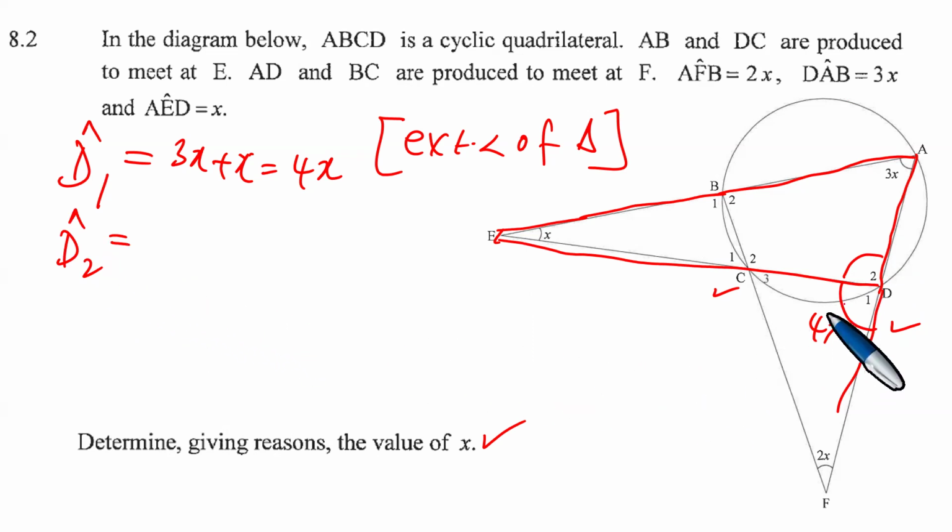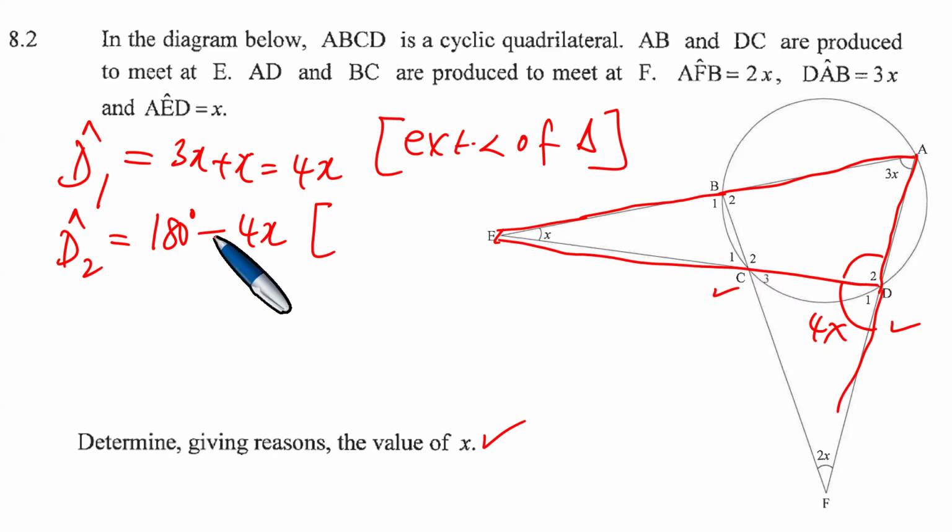So the angle D2, which is this one, is what? In this particular triangle, the angles sum to 180 degrees, so D2 is 180 degrees minus the other two angles. To get the third angle, you can just say 180 degrees minus the other two angles.